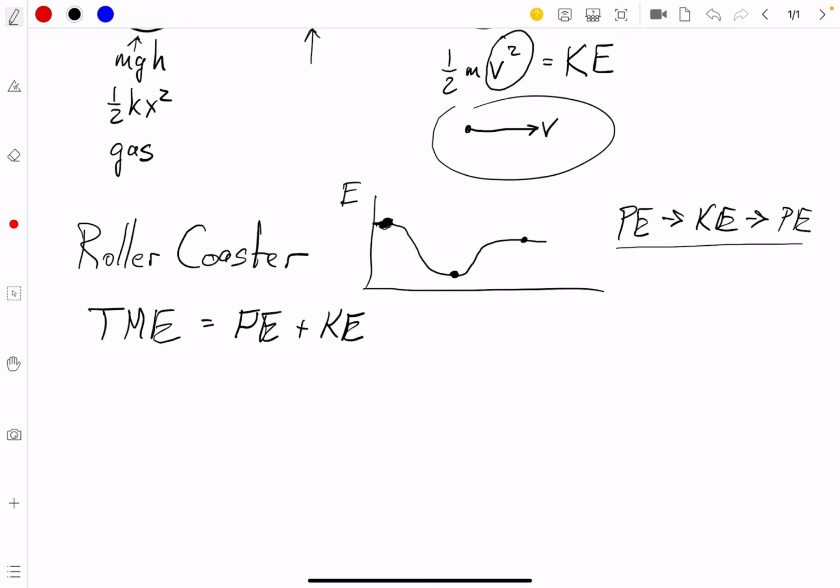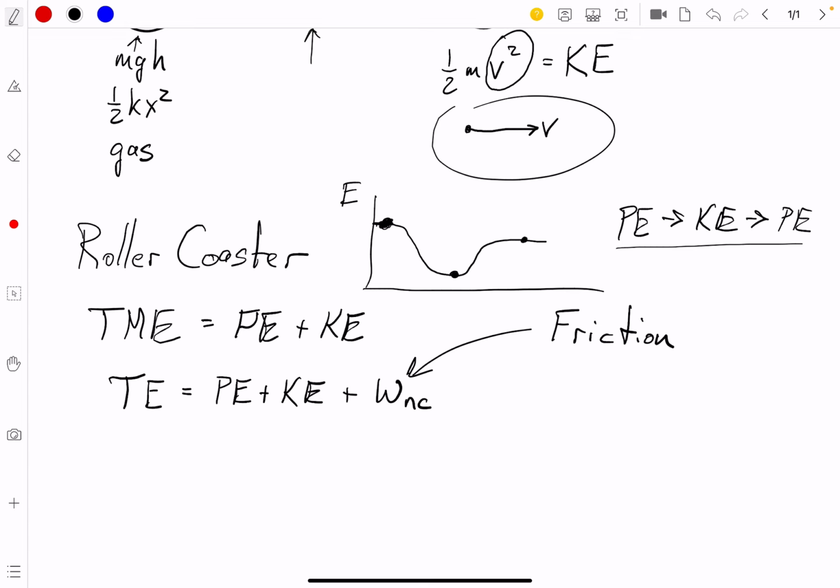So that's your total mechanical energy, fine. But your total energy for the system is equal to your potential energy plus your kinetic energy plus the work of all the non-conservative forces. And what is that? That's really basically saying friction, or forces that take energy out of the mechanical energy system.